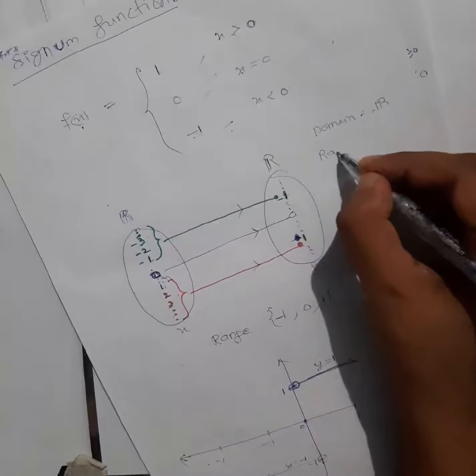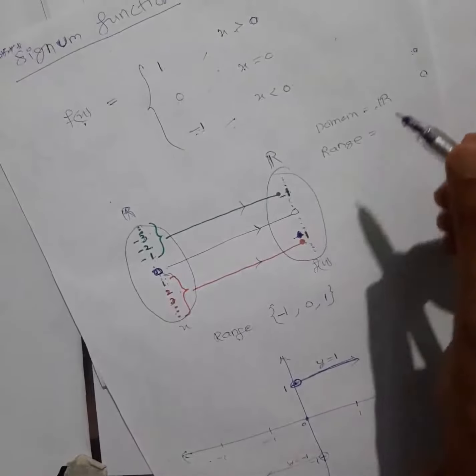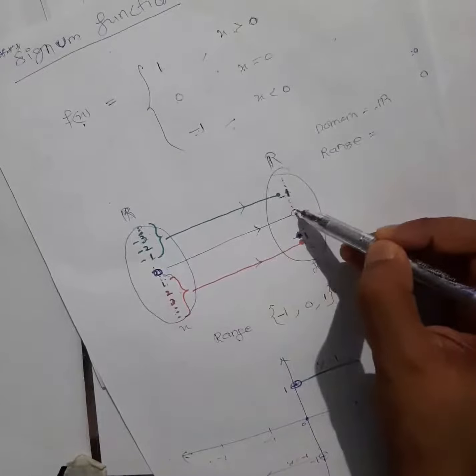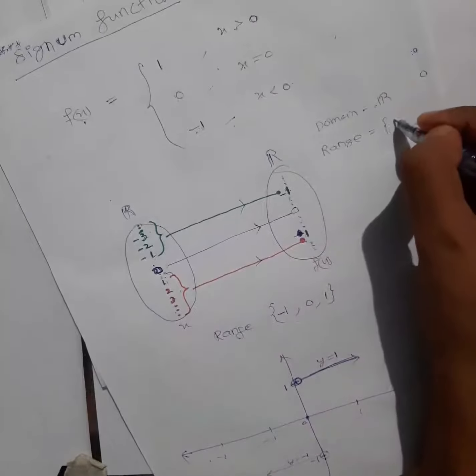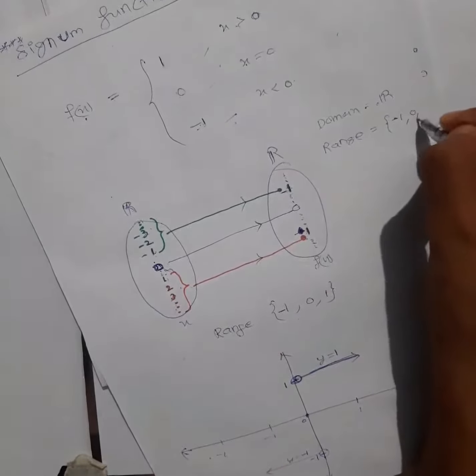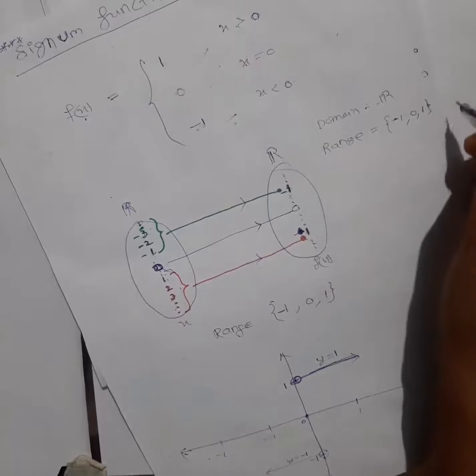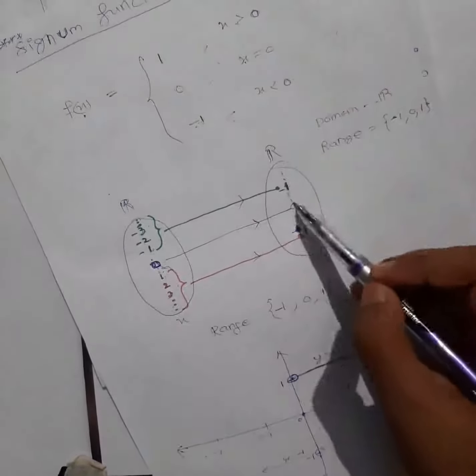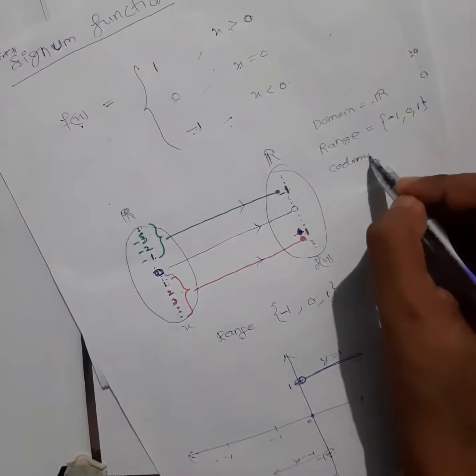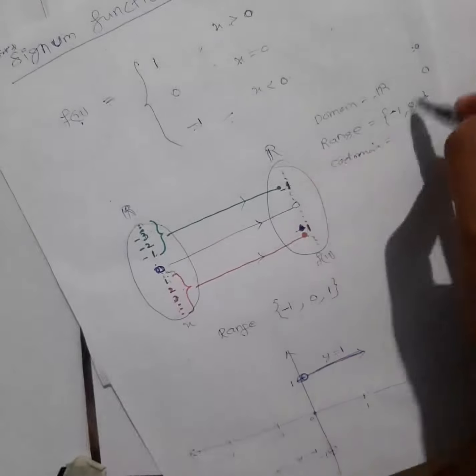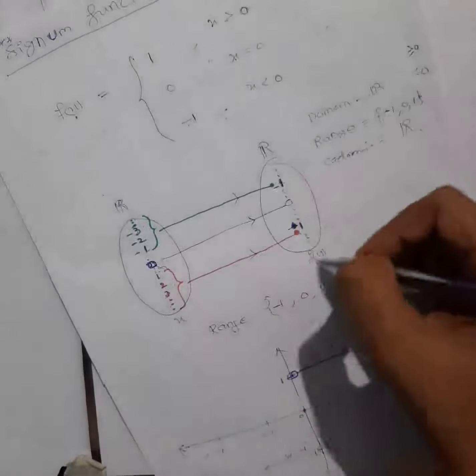Next, if I ask you what the range is here, now the range will be what? Minus 1, 0 and 1 only. These y values, that is minus 1, 0 and 1, will be your range. Only 3 elements will be there in the range. But if I ask what the codomain is, the codomain will be the set of real numbers. This is your codomain.